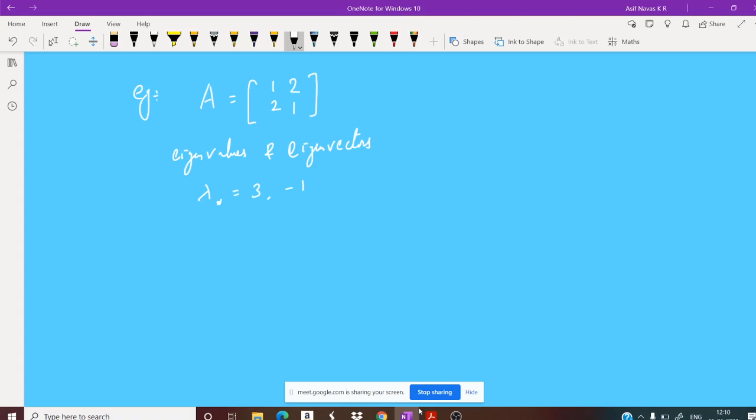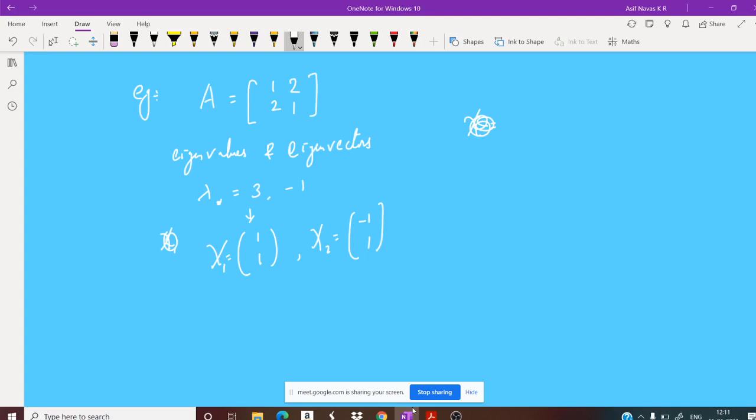Now how to write the matrix X? In order to get an orthogonal matrix, we know that any constant multiple of an eigenvector is again an eigenvector, right?